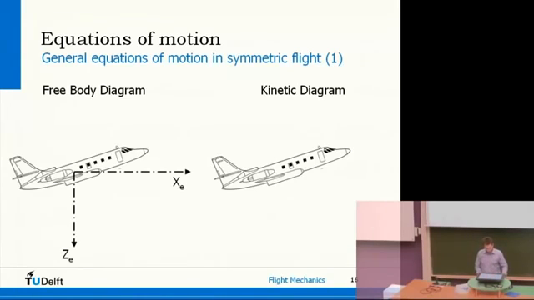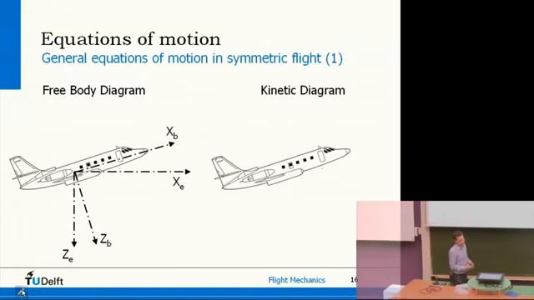So F is m times a, with a free body diagram and a kinetic diagram. Now, if you have an aircraft on the left, and we start looking at the free body diagram first, then you have to define some axis systems. So there's a moving Earth axis system, which has the same orientation as the Earth, and is fixed to the aircraft.